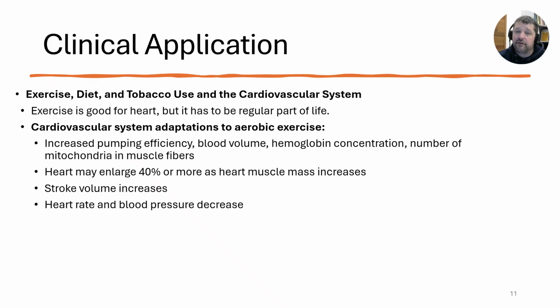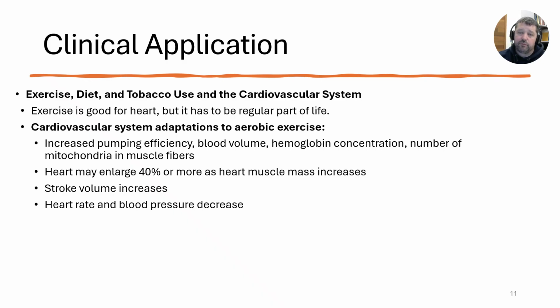Apart from that, other components of the blood system can change. We've already talked about mitochondria and their role in metabolism, and the fact that with aerobic exercise, the more you use these mitochondria, the better they get, the more mitochondria you have per cell. Your blood volume can increase, so if your demand is greater for oxygen, you're going to create more erythrocytes.